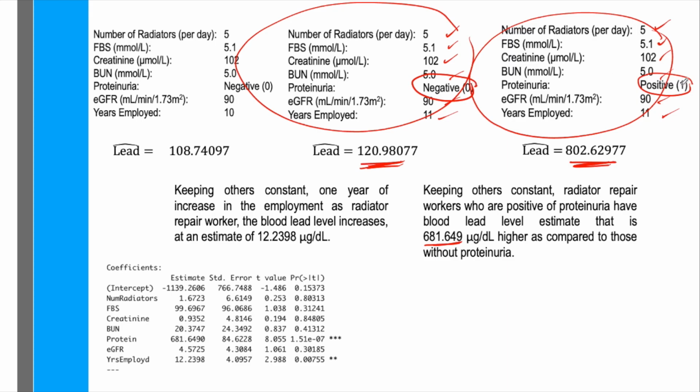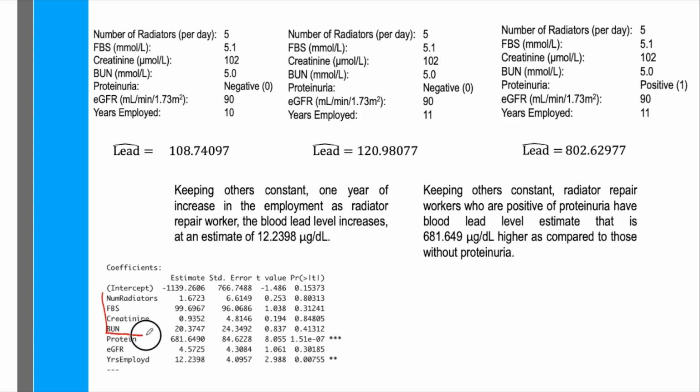when a radiator repair worker is positive compared with negative, he has a blood lead level that is 681.649 higher as compared to those who do not have proteinuria. And this value is the one represented by this value here. So in other words, how do we interpret 681.649? When all other variables were held constant, 1 unit increase in this.